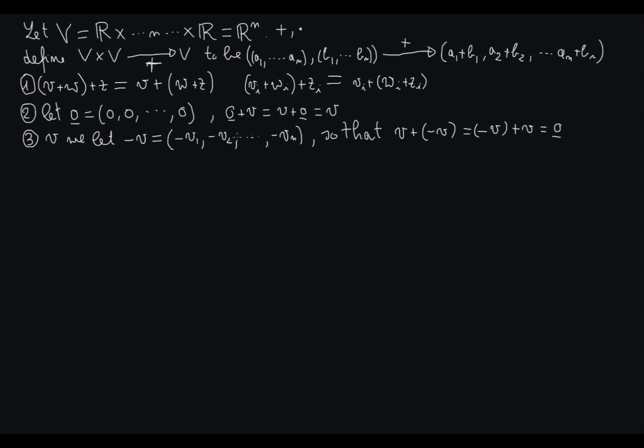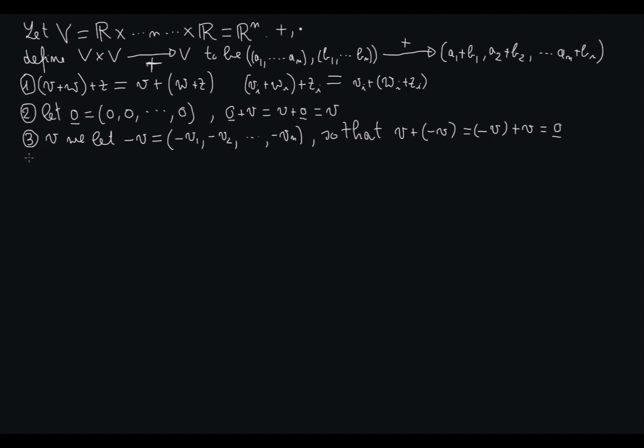Once again the ith coefficient of this vector is vi plus the ith coefficient of the opposite of v, which is minus vi. So vi minus vi, an operation done inside R, yields 0, and this is true for every index i.